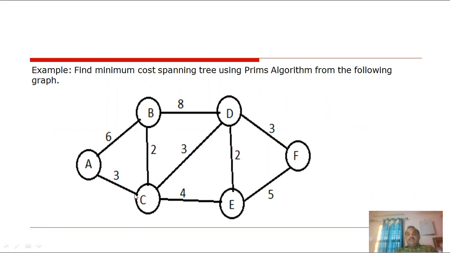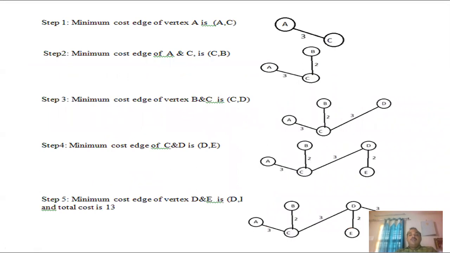Then C to B, then C to D, next D to E, next D to F. So A to C, B, next D, next E, next F. This is the minimum spanning tree using Prim's algorithm, A to C to B to D, E, F. This is the minimum cost spanning tree.